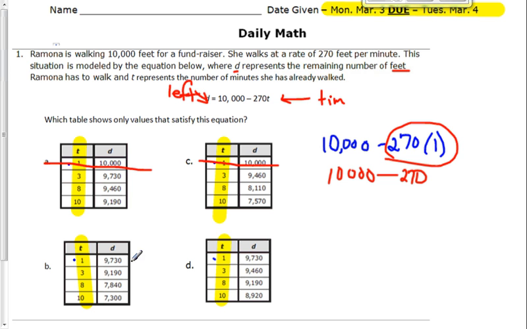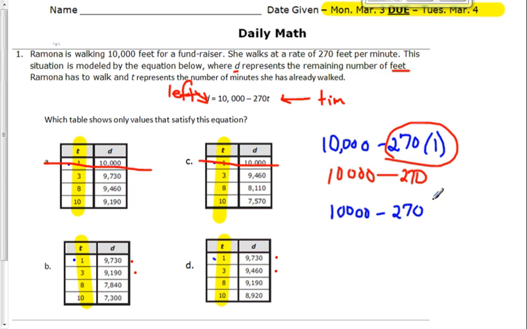If I look, these two answers are the same. So let's move down. It looks like the next two answer choices I have here are different. So all I have to try is the 3. So now I'm going to have my 10,000 minus 270.